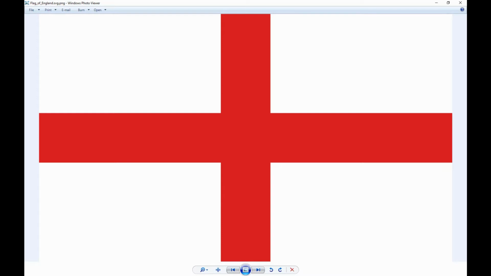The flag of England is derived from St. George's Cross, their patron saint. England is about the size of the state of Alabama. It's about 50,000 square miles, but they have a population of close to 55 million. That's 84% of the UK population living in England, so they're very densely populated.